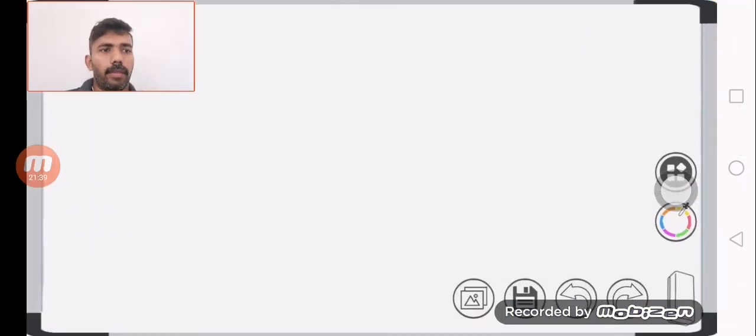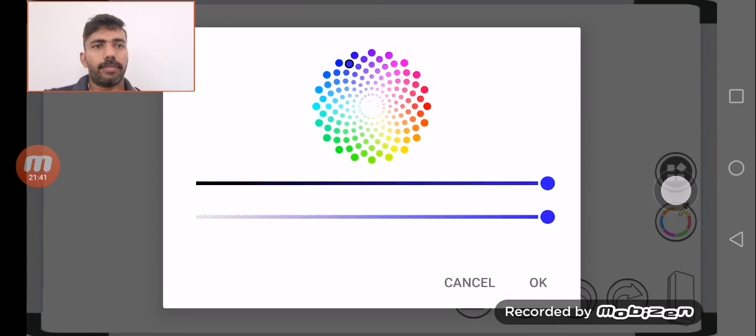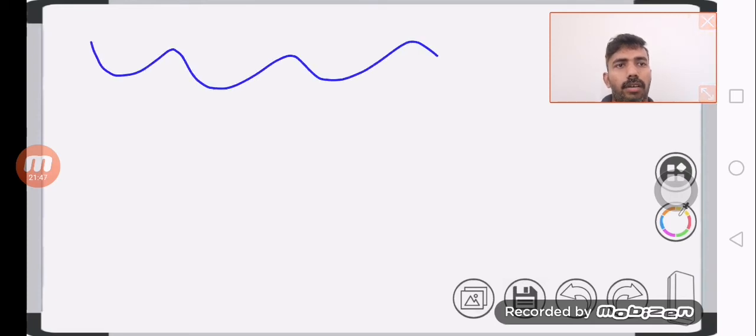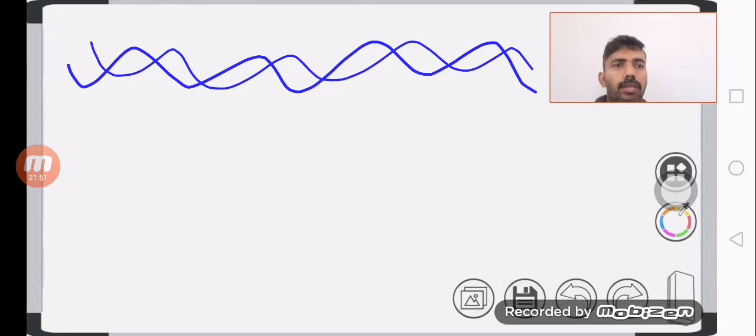So what we have seen in brief is this. We have the DNA molecule, and suppose this is the gene.